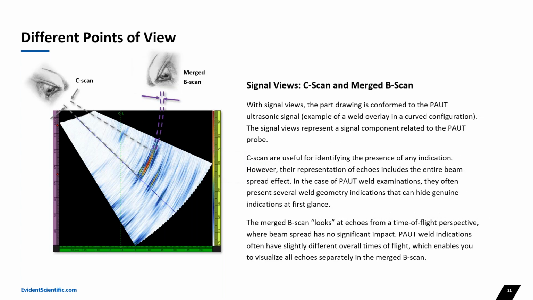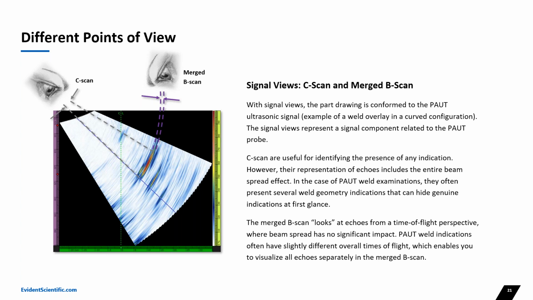Now, looking at C-scans and B-scans, in particular the merge B-scan, when we're considering an angle beam C-scan, we're actually looking as if our eye was the probe. So this is why the echoes from geometry echoes are so large on the C-scan, just because of the beam spread associated with each echo reflection.